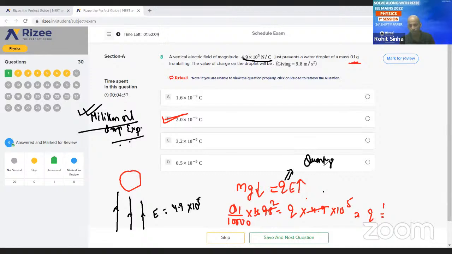Other than this question part, I am telling you that by this experiment, Millikan proved that charge is quantized, and we got the formula Q is equal to Ne. Should remember this. Any problem to anyone? Let's move further and see the next question.